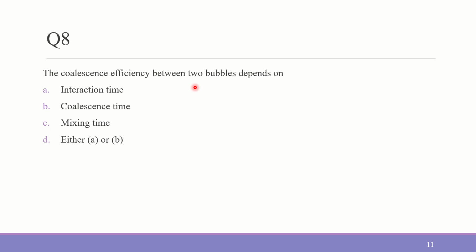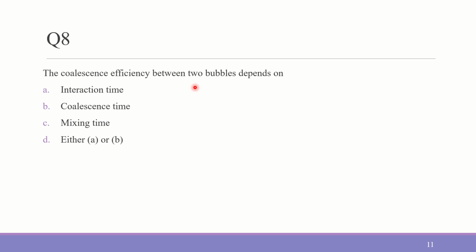So we say that coalescence occurs when the interaction time is less than the coalescence time. Let us consider two bubbles, B1 and B2. The coalescence time is, let us say, 2 seconds.